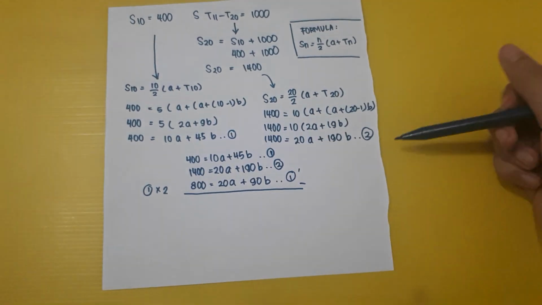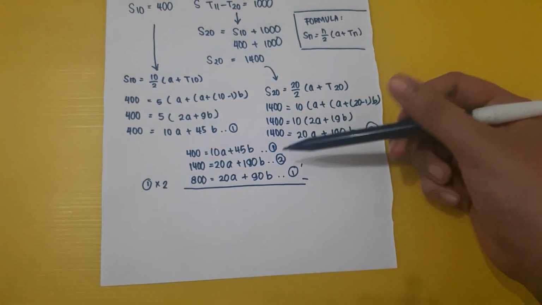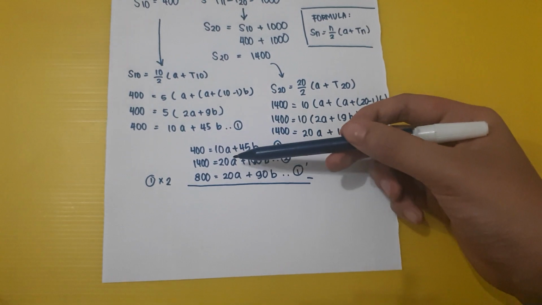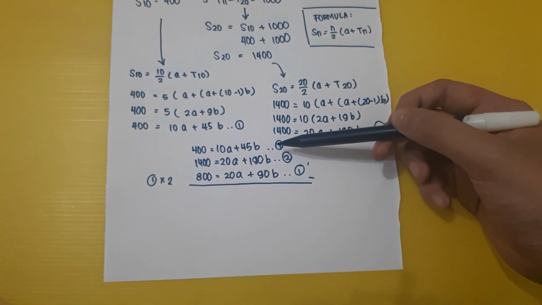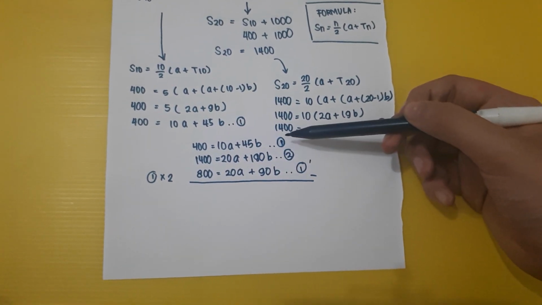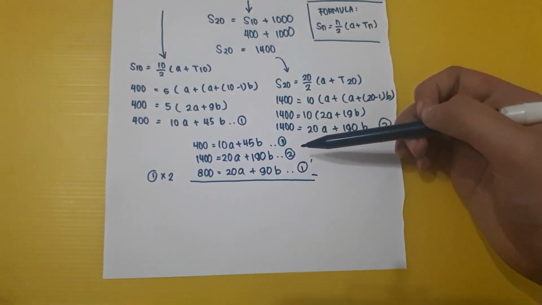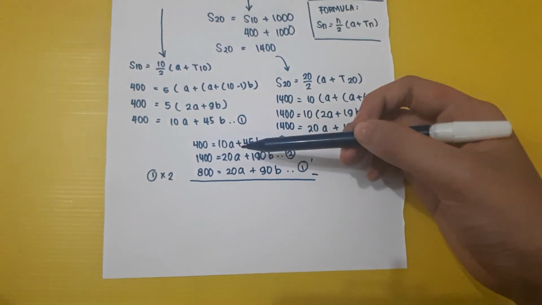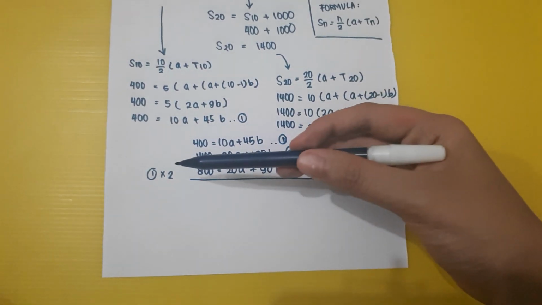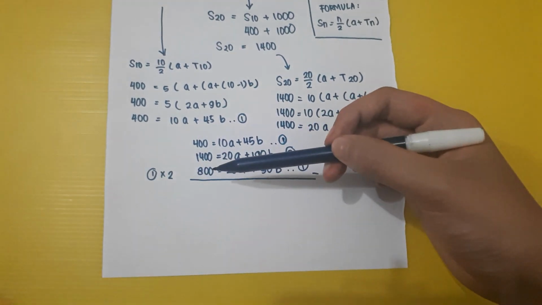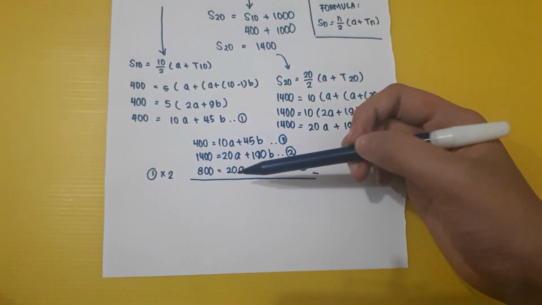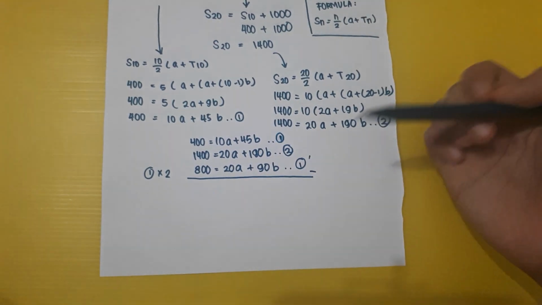After getting these two equations, we can do the elimination process to get a and the common difference. After we line this up, we can multiply the first equation by 2 to get 20a. So the first equation times 2 gives 800 equals 20a plus 90b.